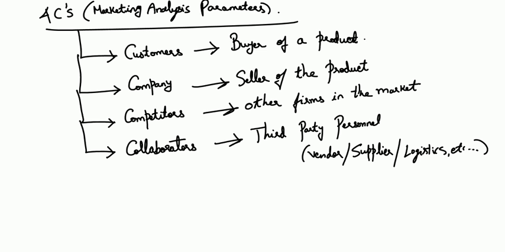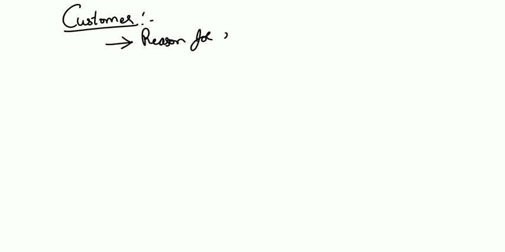So when we see these 4 C's in any marketing environment, the first and foremost is the customer. Why is it mentioned as the first and foremost among the 4 C's? Because the customer is the reason for the existence of any business.